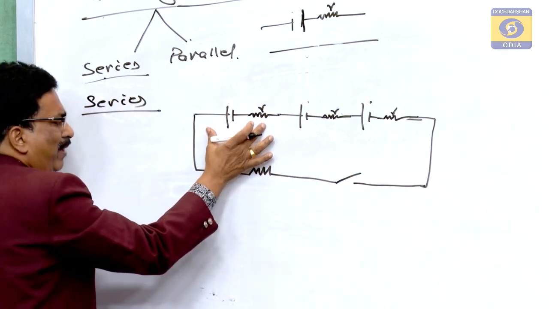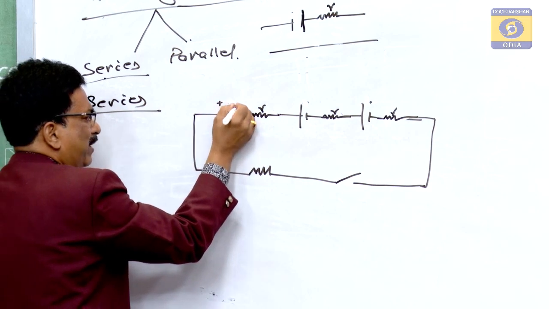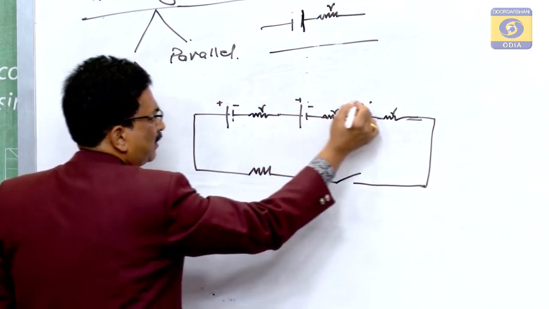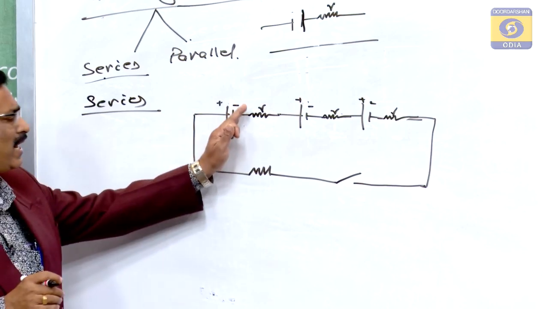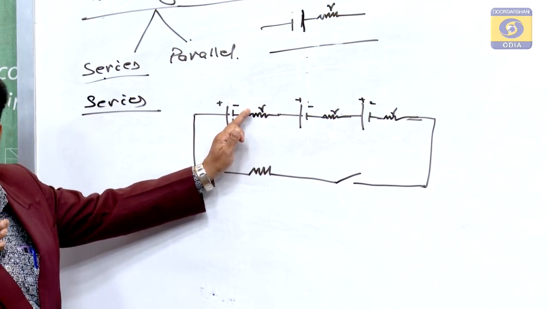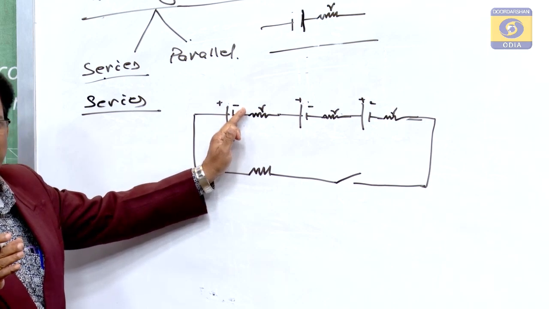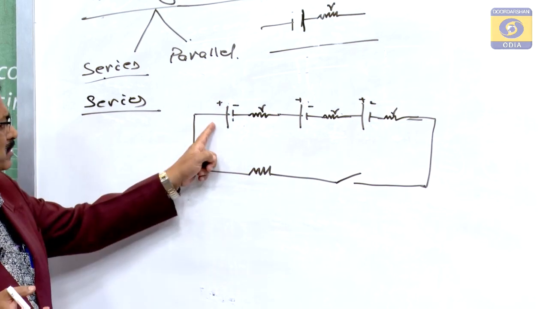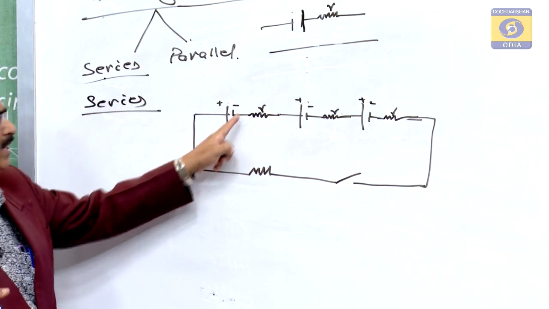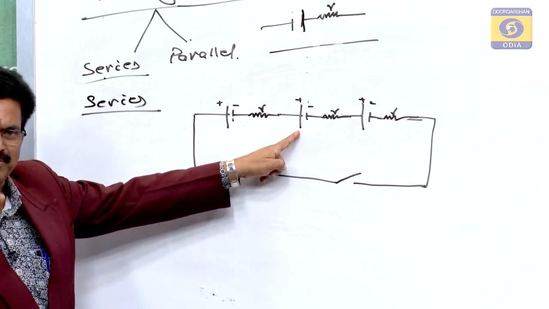So if they are in series, this is one battery, and it has a positive and a negative, this is the positive and the negative, this is the positive and the negative. Series means the one end of the first cell, whatever its nature, is connected with the opposite end of the second one. The first one's negative is connected with the positive of the second one.